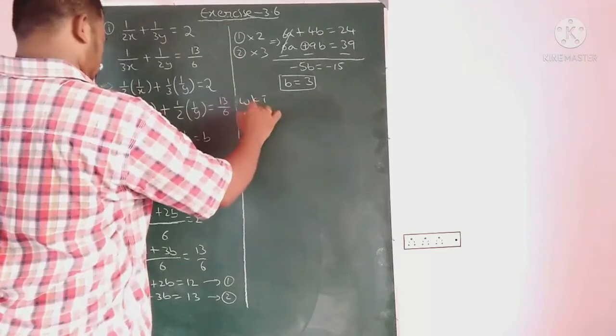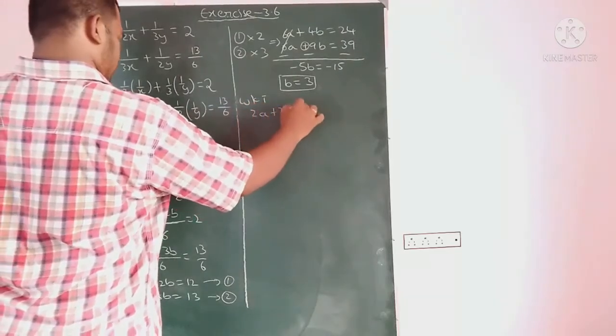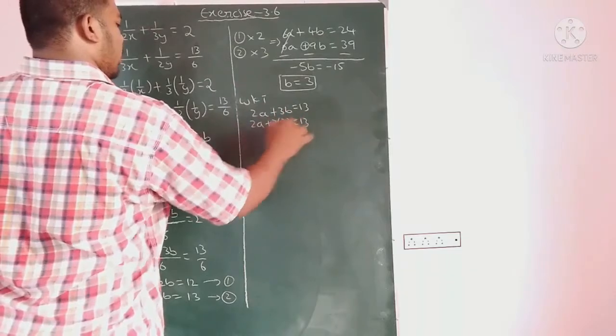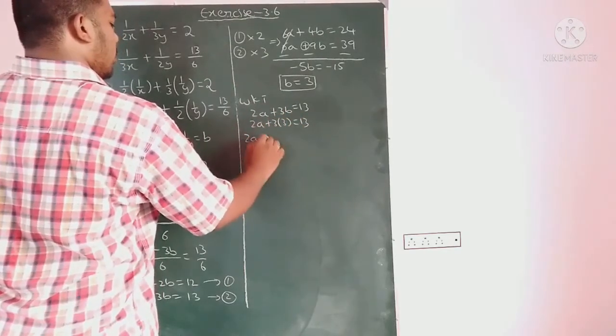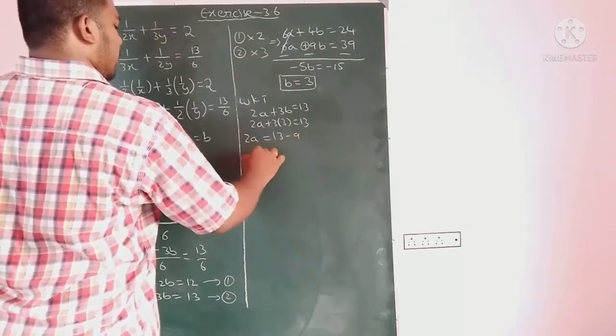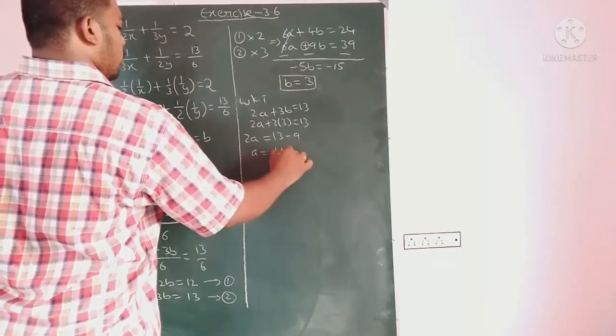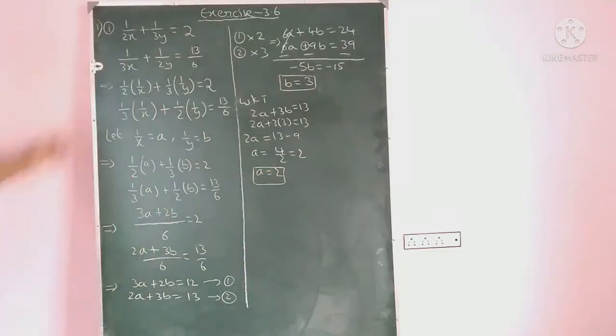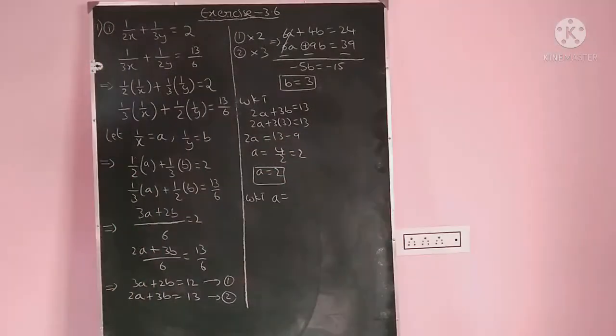We know that 2a plus 3b is equal to 13. 2a plus 3 into 3 equals 13. 2a is equal to 13 minus 9. a is equal to 4 by 2 equals 2. So a is equal to 2. But we need to find the x and y values.